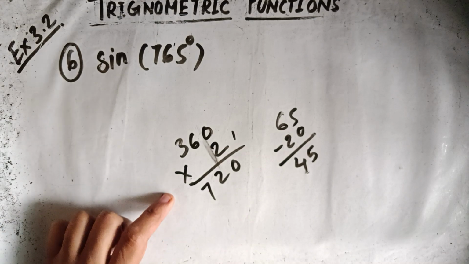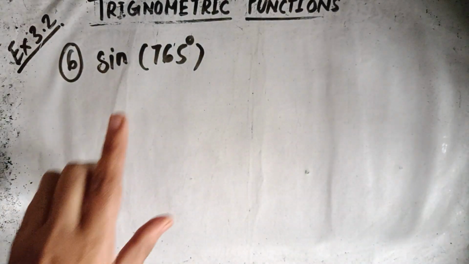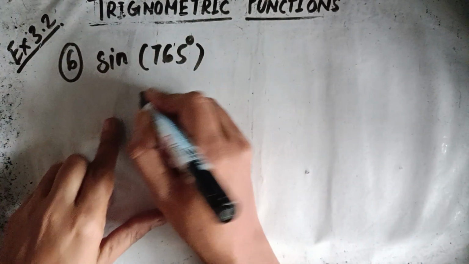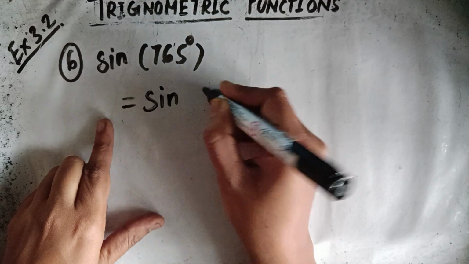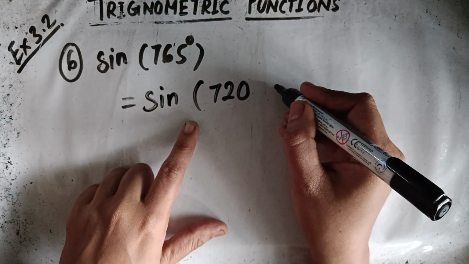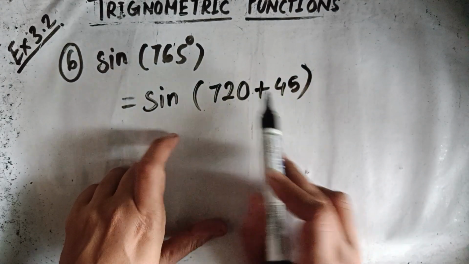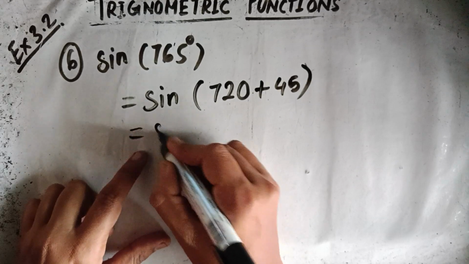So we can write 765 as sine of 720 plus 45. Okay, 720 plus 45 is 765.